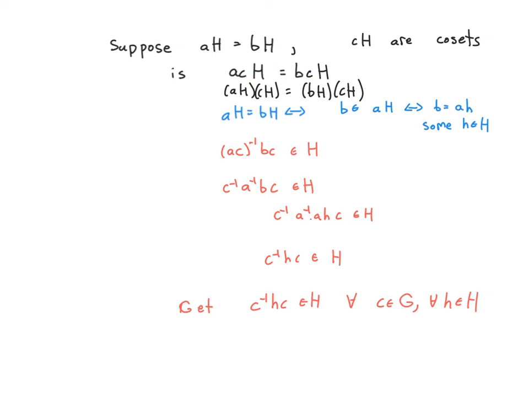But we want this to work for any pair of cosets. So once you fix AH, you're going to get all possible equalities here by letting little h vary. You're going to get all possible b's here by letting little h vary over all elements of the subgroup. So in order for this well-definedness to hold for all equalities of this form for fixed A, we see that we need this condition for all elements in H, and for all C, for A fixed.